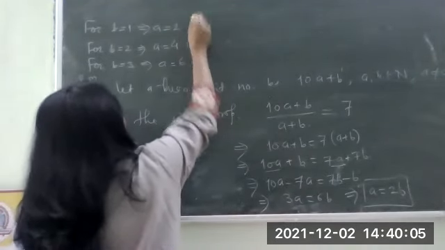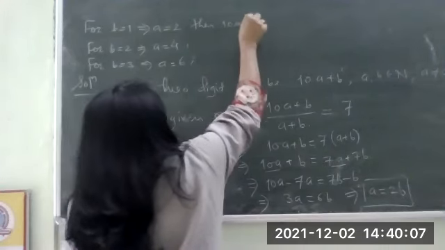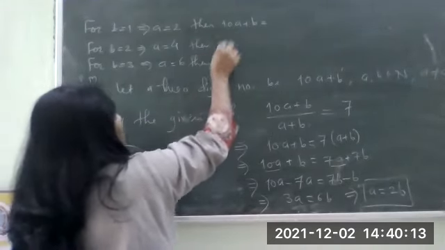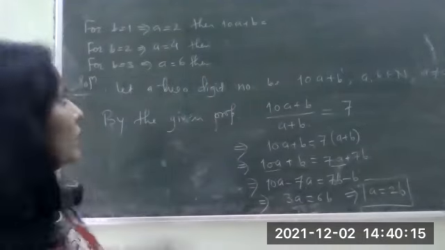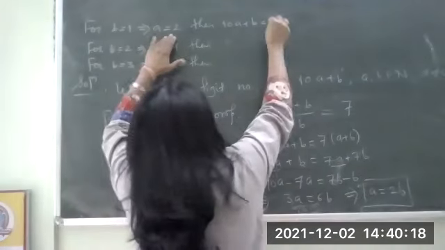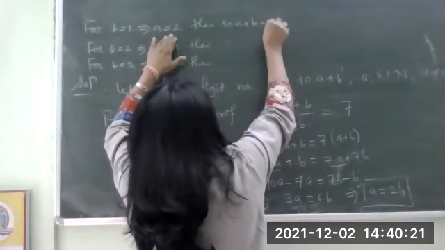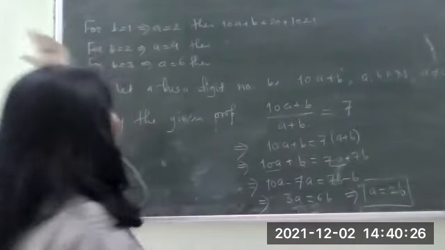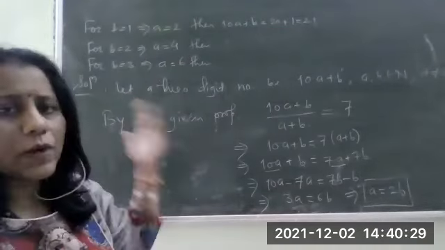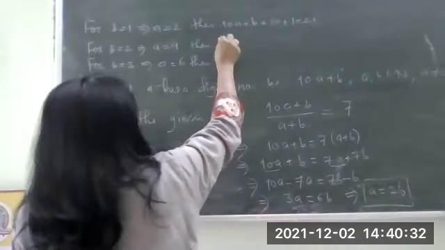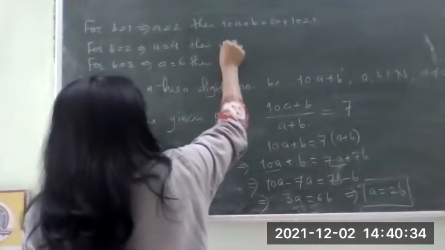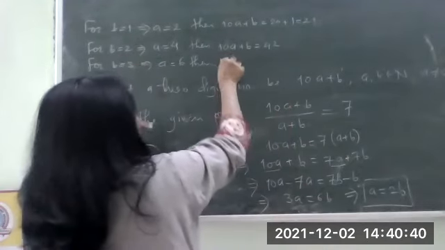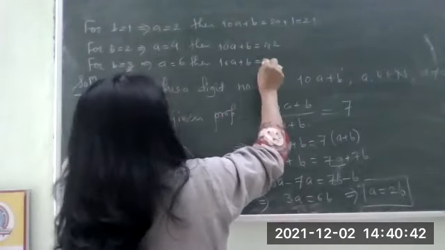The corresponding two-digit numbers, 10a plus b: 10 into 2 is 20, plus b is 1, equal to 21. Similarly, the next number will be 42, then 63.